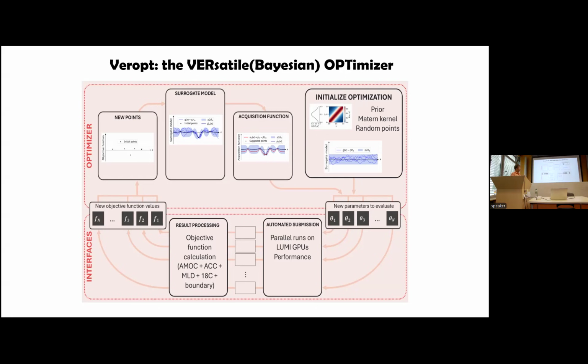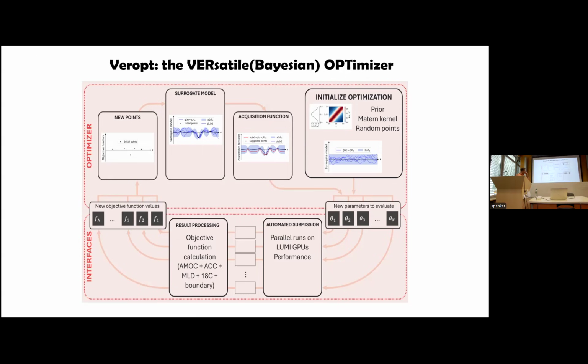We take this one step further. We start with a perturbed parameter ensemble, and based on this, we build a surrogate model, the brain behind the operation, that creates an assumed loss function. Based on this assumed loss function, we have an acquisition function that picks the new parameter settings. Then we use these new parameter settings to start a new set of integrations.